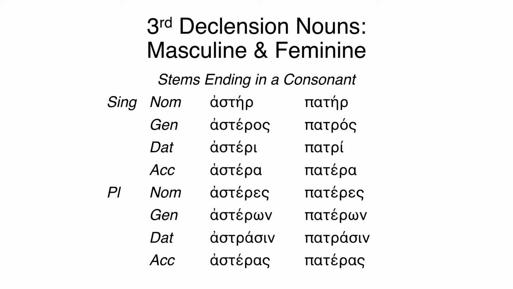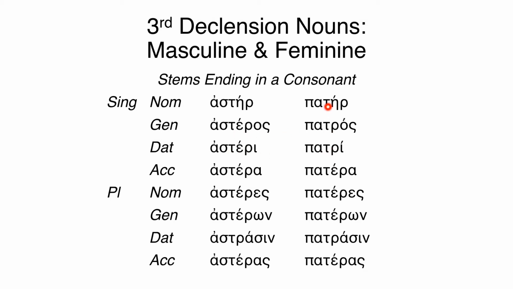Now, there's a small group of nouns, 3 nouns in fact in the New Testament, that follow this pattern but with a slight variation. It happens that these nouns are all family nouns: father, pater, mother, meter, and daughter, thugater. And the main difference here is that the epsilon that we find in the aster formation sometimes drops out.